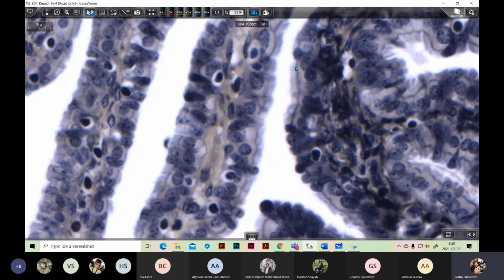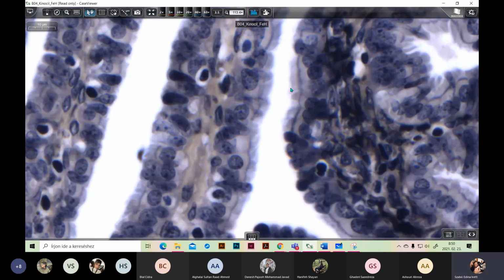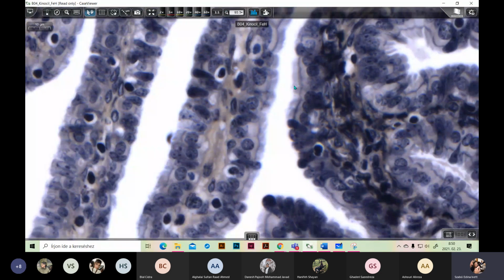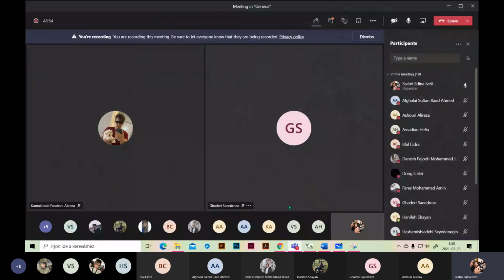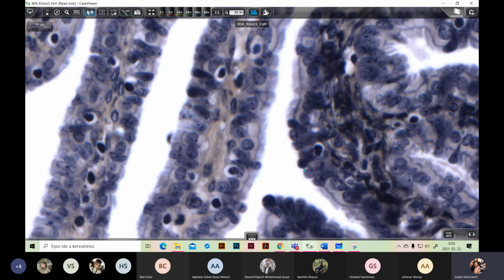How can we recognize the surface modification if you see this part of the slide? This is kinocilia since they are parallel to each other and we can see the basal body under them, and they are bigger than microvilli. Very good. Oh, you were... your name? I can see you. Who was this? I'm Shayan Hanife. Okay. Perfect. I'm very happy.